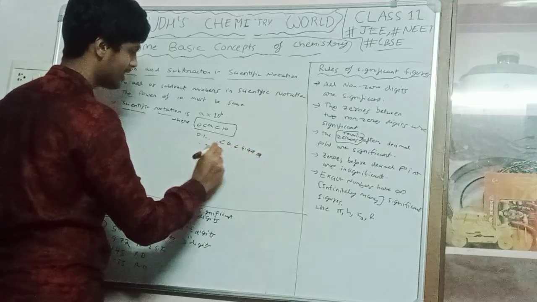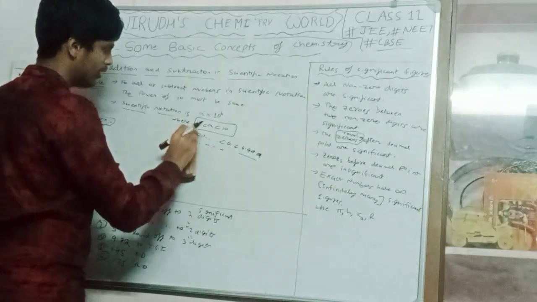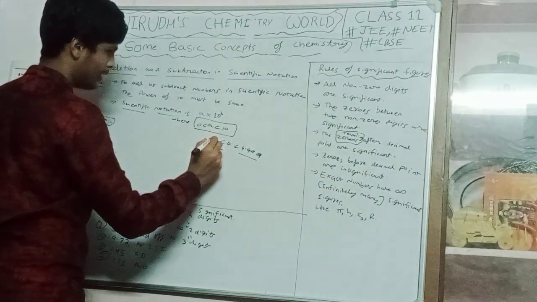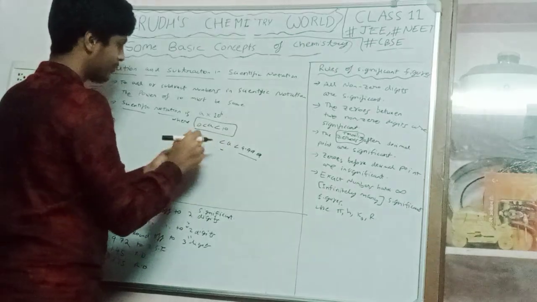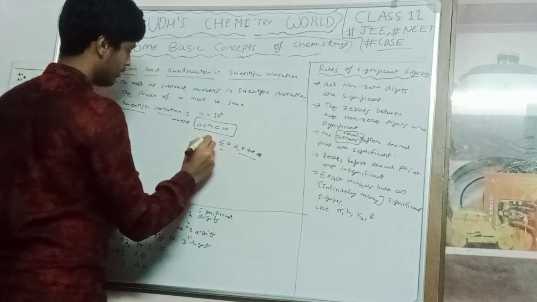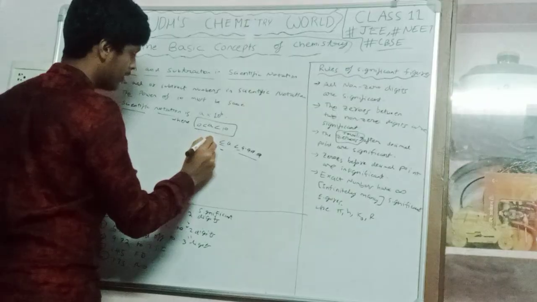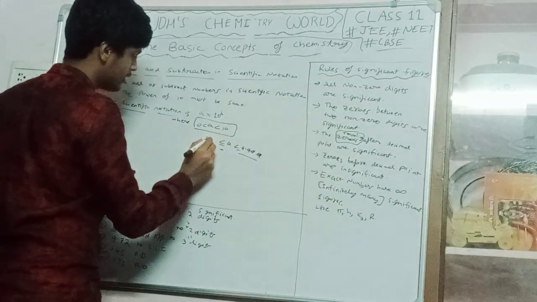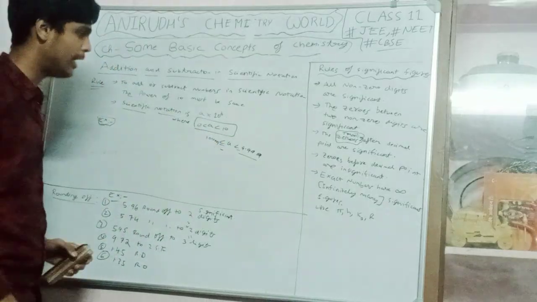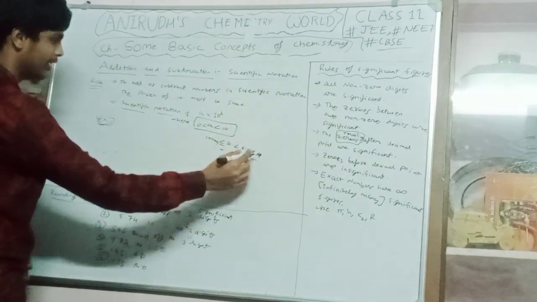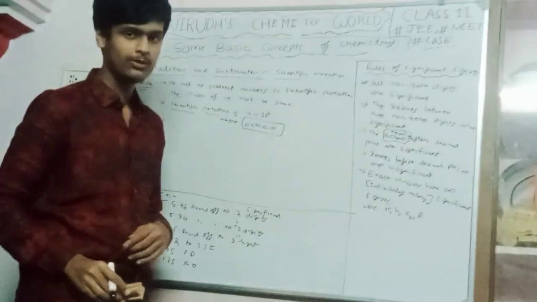But not 0 also, not 0.1. So from 1 you can take it, from 1.00001 you need to take till 9.9999. Always the a should lie between 0 to 10.